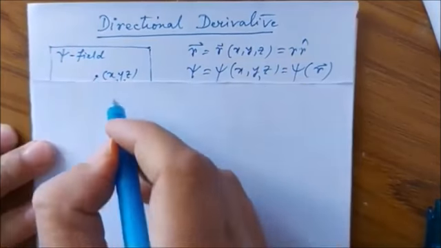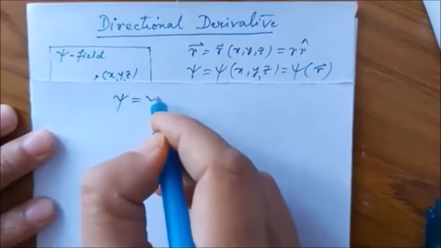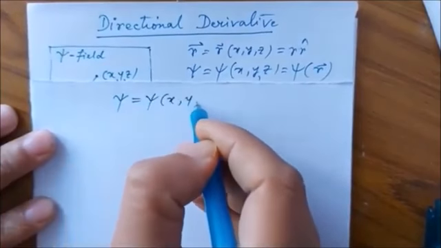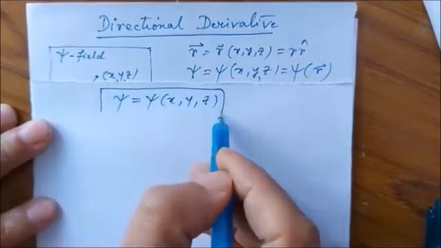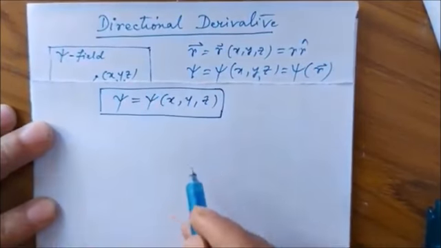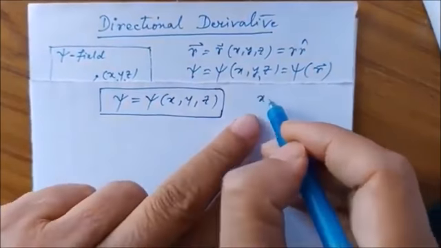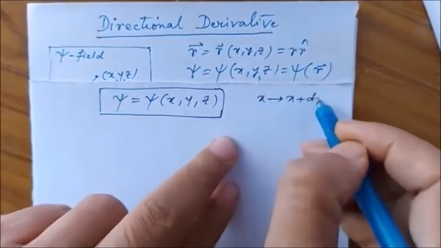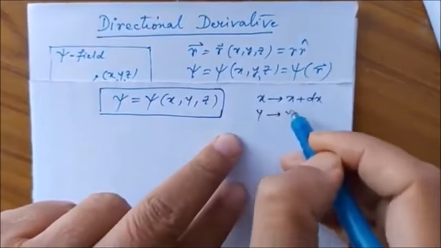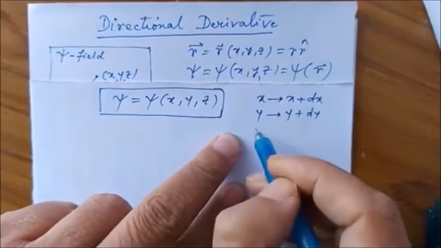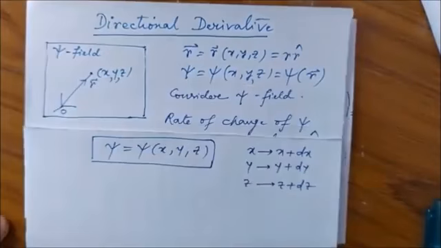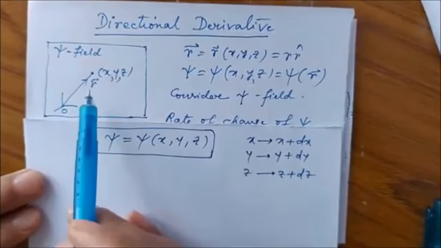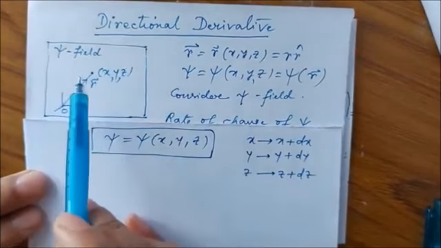We can write it explicitly also. Let us use this relation. Psi is a function of x, y, and z. Now if x changes to say x plus dx, y changes to say y plus dy, z changes to z plus dz, we are moving in this region.